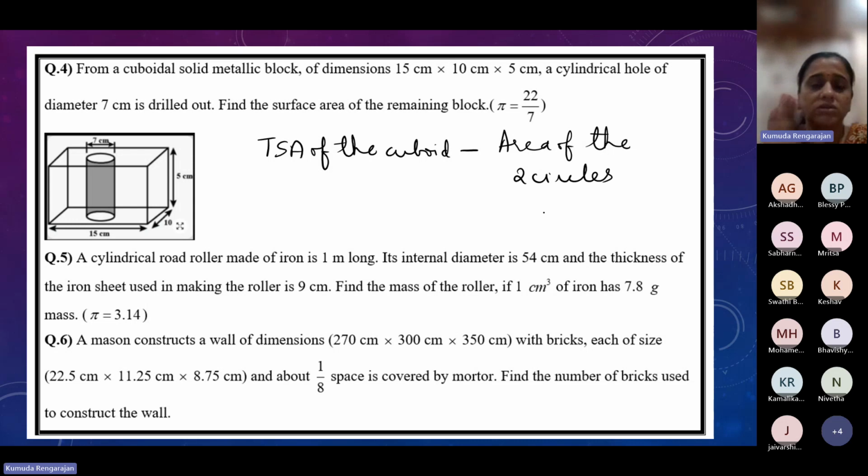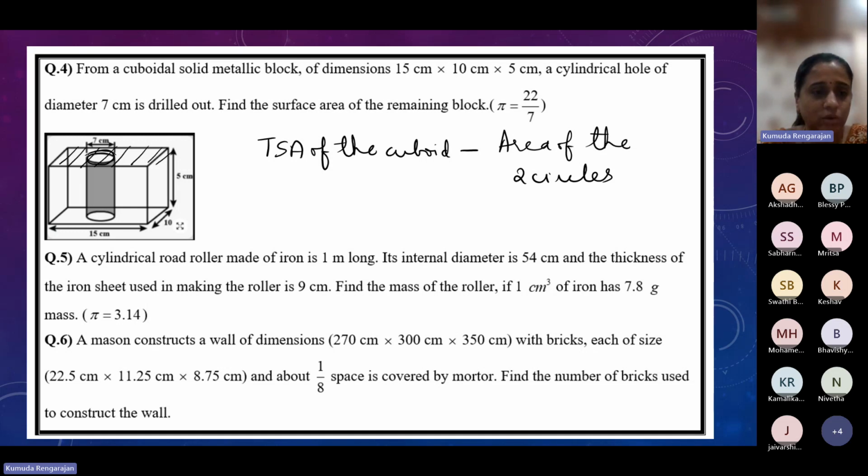Because when you find the total surface area of the cuboid, you're finding the area of this rectangle completely on the top. But because the cylinder is drilled out, there is a circular portion on the top which is empty. There is no material there because the cylinder is removed, no?